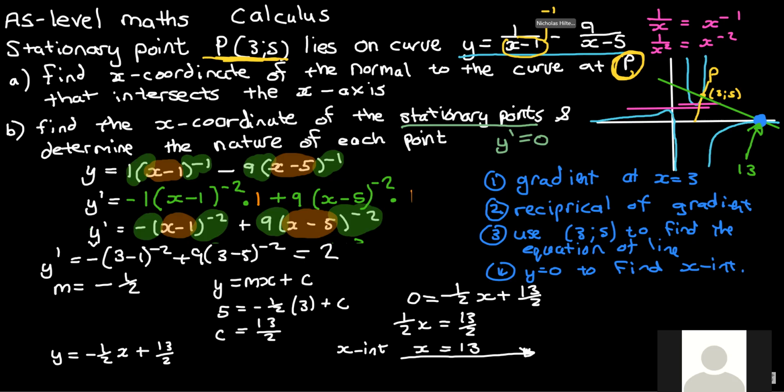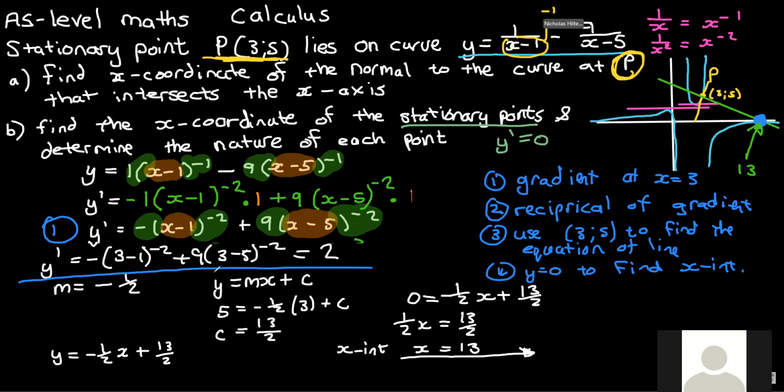Okay, so let's look at our steps, what we did in order. The first step, if we hadn't already done it, was to find the gradient, which is to find the derivative. And then we subbed in 3, and we got 2. The next bit was to find the reciprocal of that gradient.